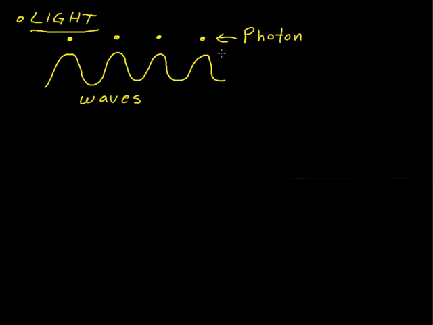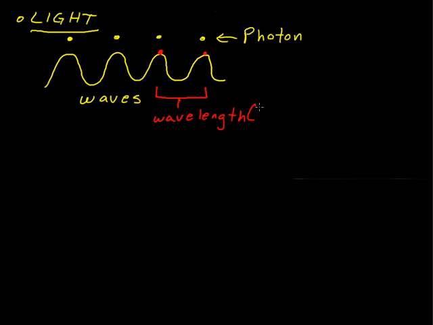Now, the intensity of light depends on how many photons in a given period of time are striking a surface, or in terms of energy, depends on how far apart the peaks of these waves are. And that is what we refer to as a wavelength. For this particular light here, I'm going to use red here for a second. This distance from peak to peak is what we would call the wavelength.